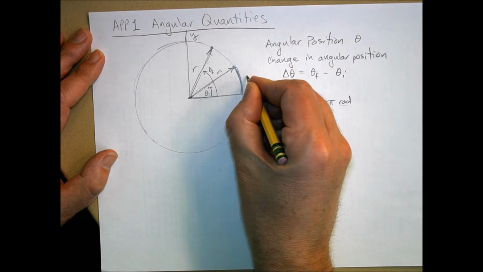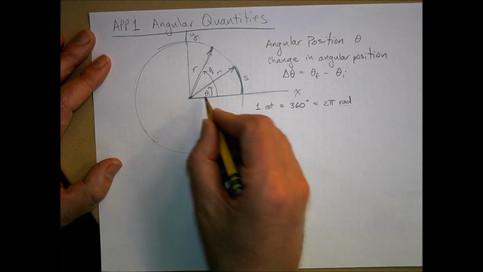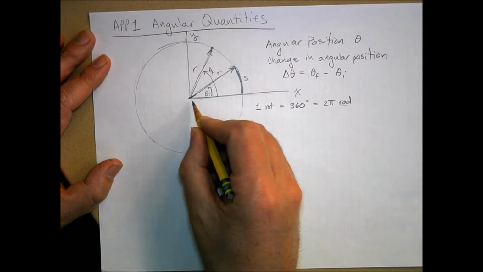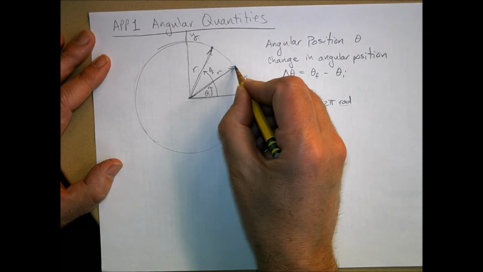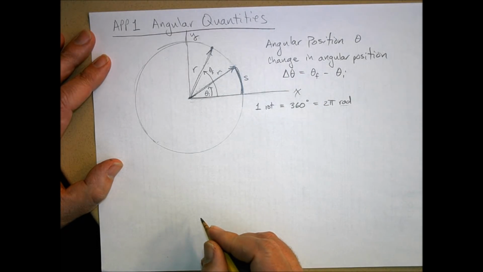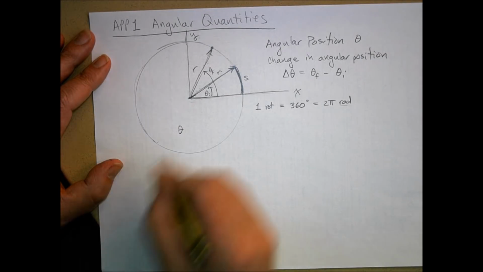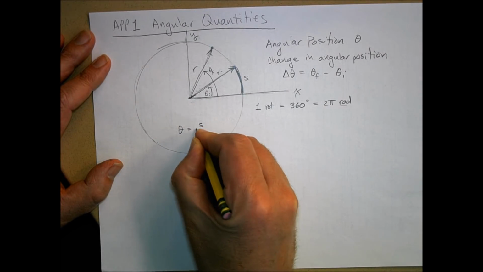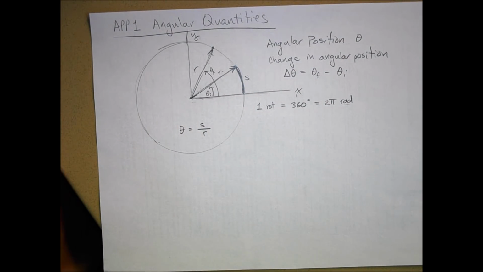And I'm going to call this arc length S. And then here's R, which doesn't change. So we went from 0 to this angular position. And so to measure the angle in radians, we go S over R. The arc length over how long the radius is.